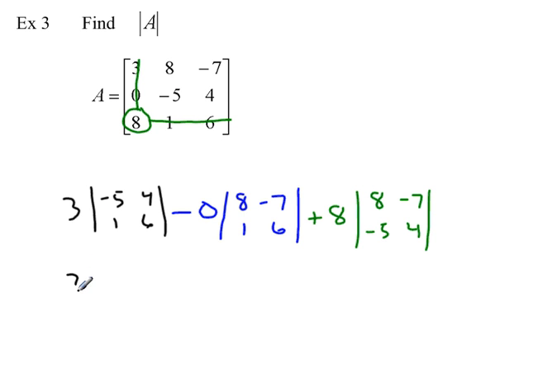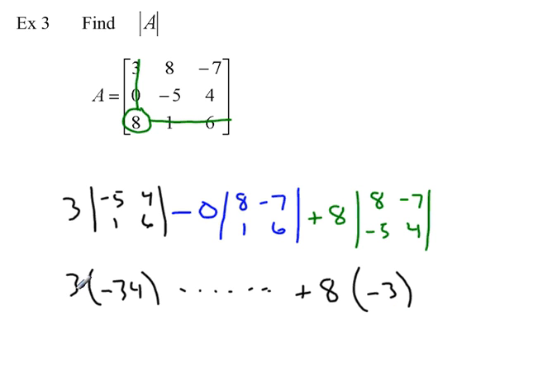Okay, so let's see here. This is going to give us 3 times -5 times 6 is -30, -4, -34. Then -0 times all this, I'm not even going to write that down because I know it's equal to 0, plus 8 times 4 is 32, -35, that gives me -3.